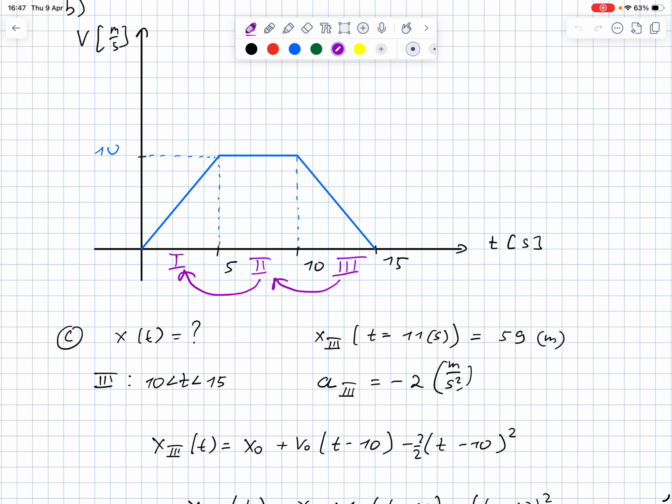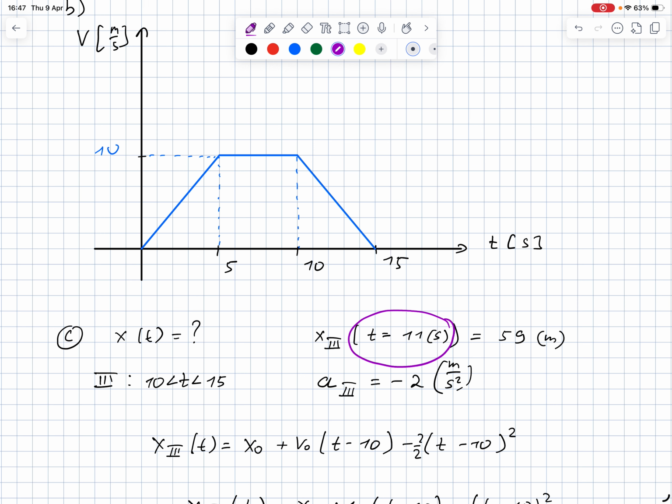What do we know about the third interval? We know that the position of this object when t equals 11 seconds is 59 meters. Also, we know that the acceleration is minus 2 meters per second squared.